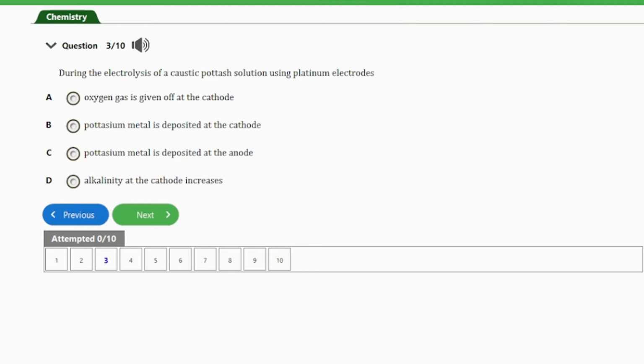cathode. So let's just quickly zoom into our space. Let me show you this. In this process, this is water to yield hydrogen ion, and then hydroxyl ion.